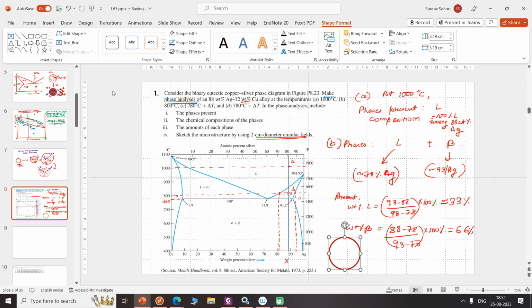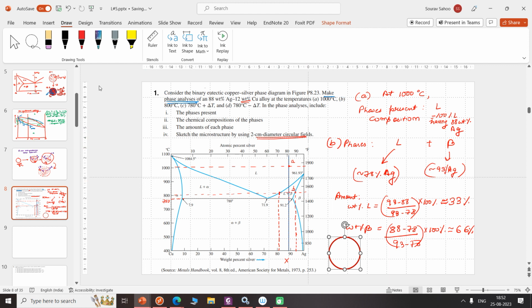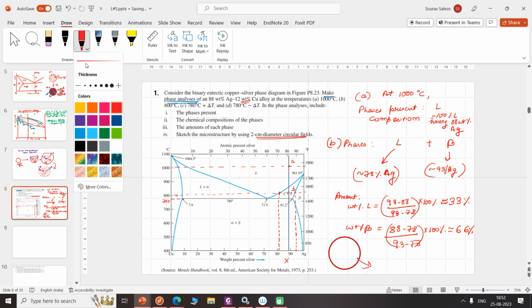Okay, we already know that we are in the liquid plus beta region, so we'll be having some chunks of beta. Rather, I think we should draw this in blue as per our convention to avoid confusion, because we have been drawing beta in blue, right?